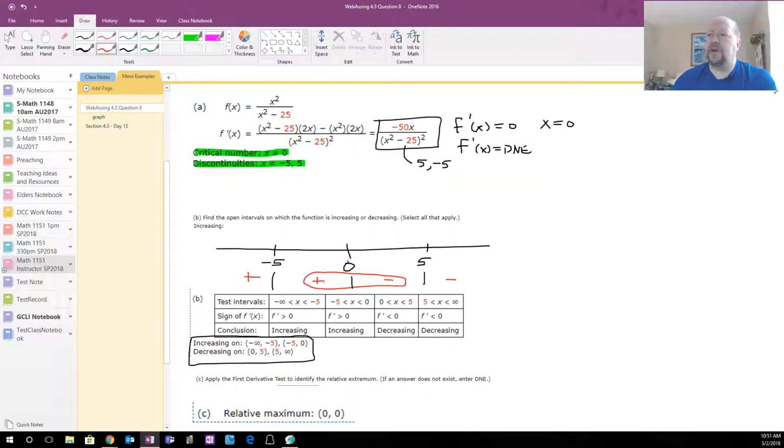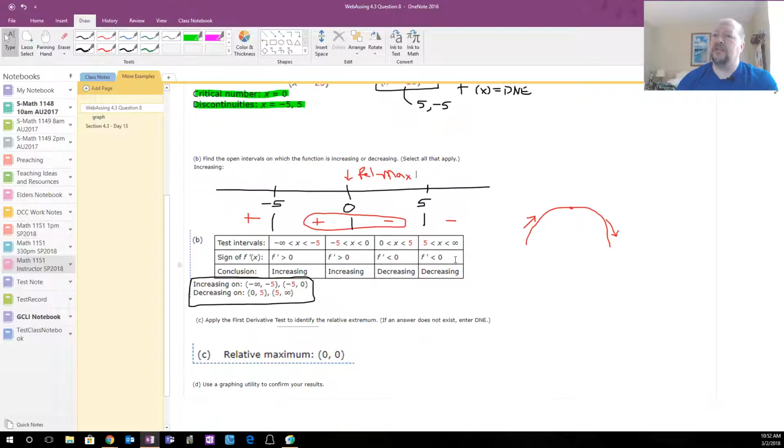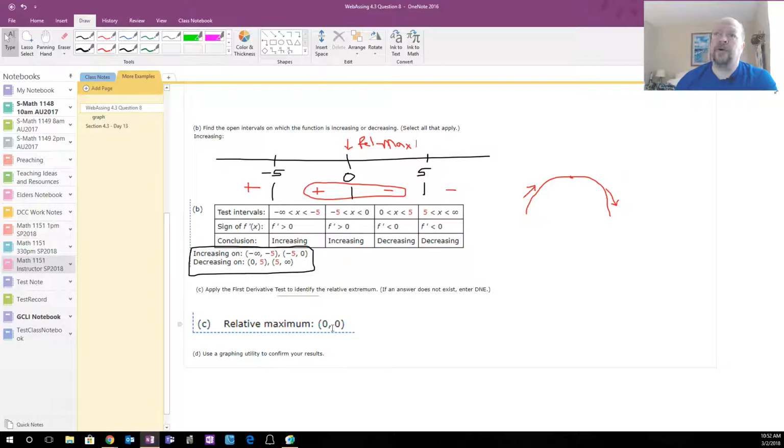It changes from positive to negative, so it's switching from increasing to decreasing, which means there's a relative maximum at 0. We have to give the coordinate for that, so you plug 0 back into the original function. If I put 0 in the numerator, the entire function is going to be 0. So the relative maximum coordinate is (0, 0).